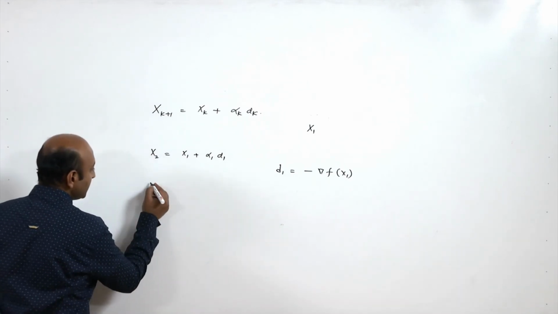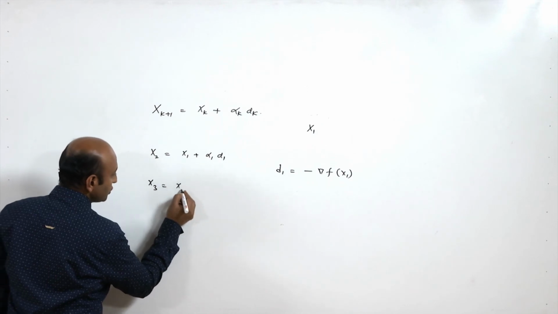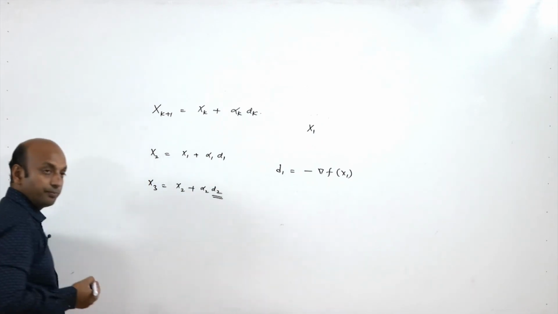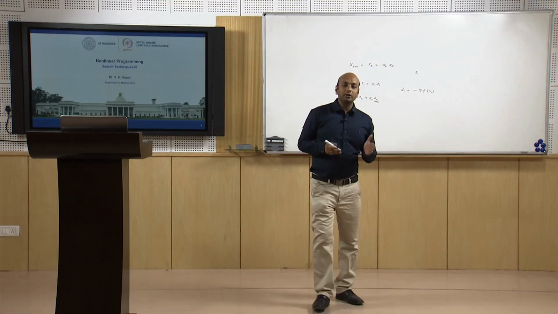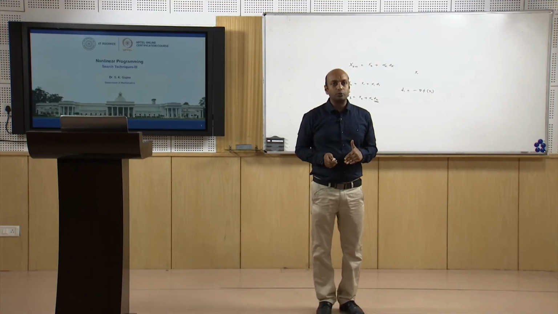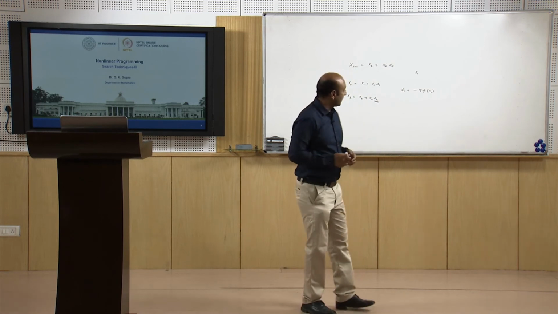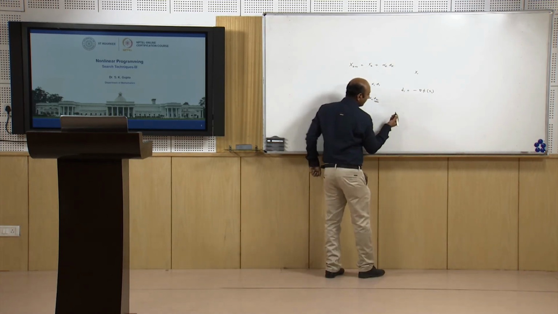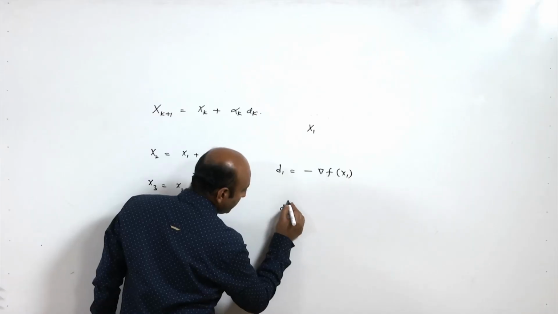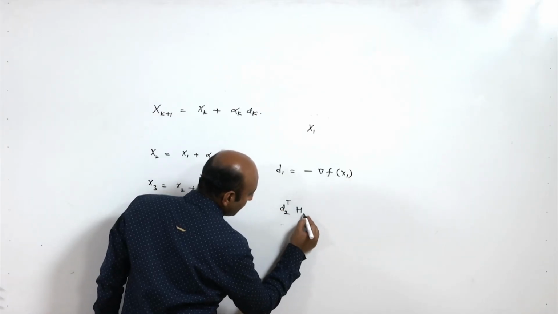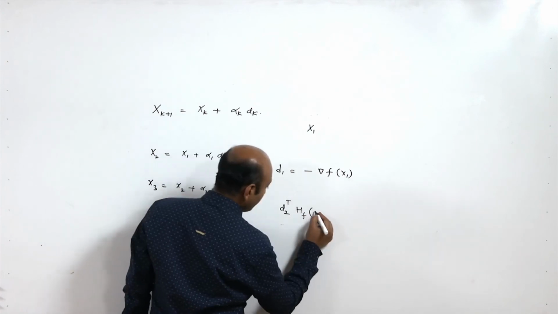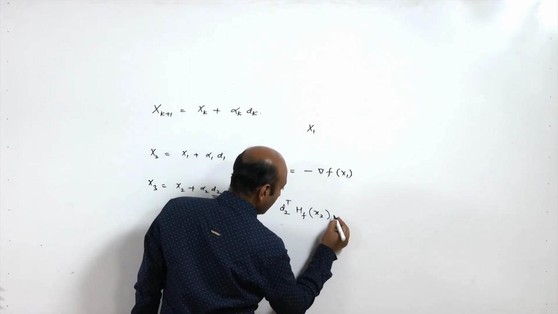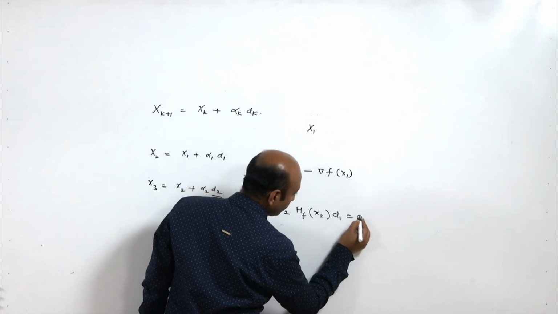Now, to find x 3, which is x 2 plus alpha 2 d 2, to find this d 2, instead of moving along the negative of gradient of f at x 2, we proceed differently. Basically d 2 is such that d 2 transpose H of f at x 2 times d 1 equals 0.